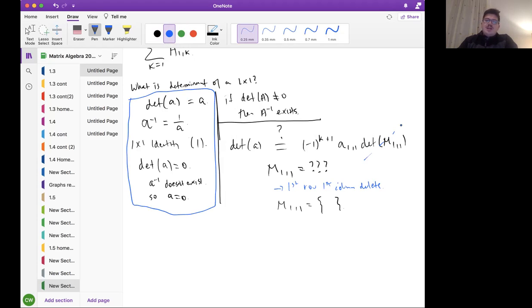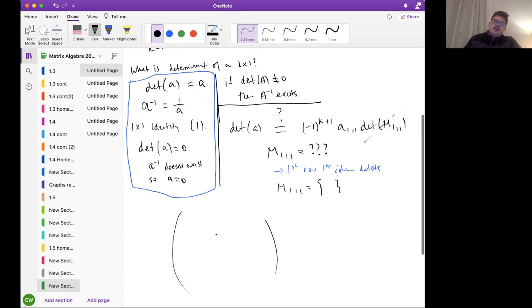Why do you need a formula for 1x1? A couple of things. Later, when we might not get into this class, but when thinking about the determinant of an n by n matrix, as we've been doing here, we can think of determinants of smaller size matrices, and sometimes you might want to think of the determinant of a single entry, or maybe other entries would be 2x2, and maybe other entries would be 3x3.